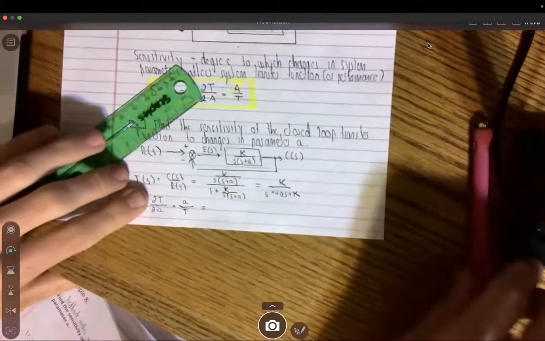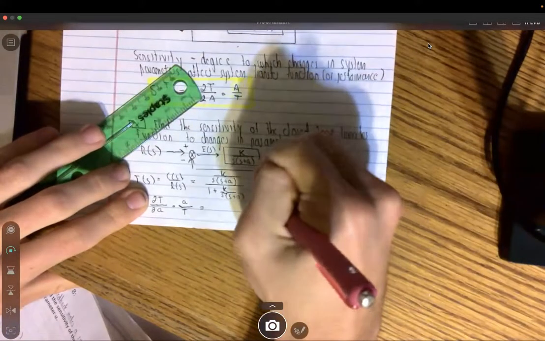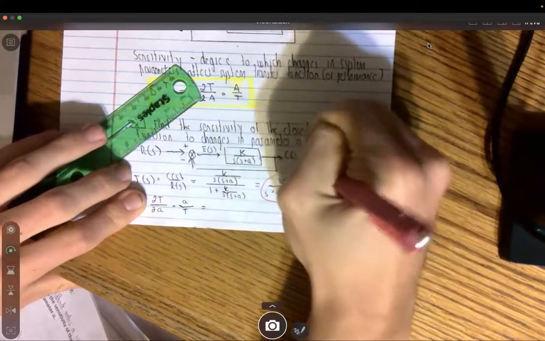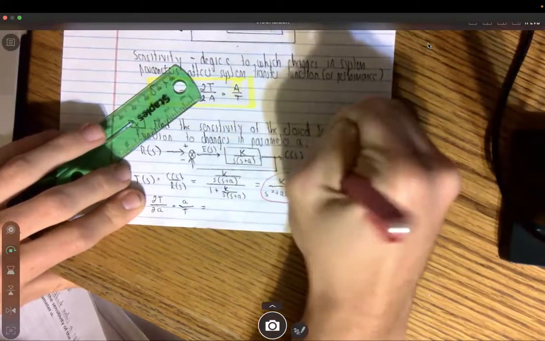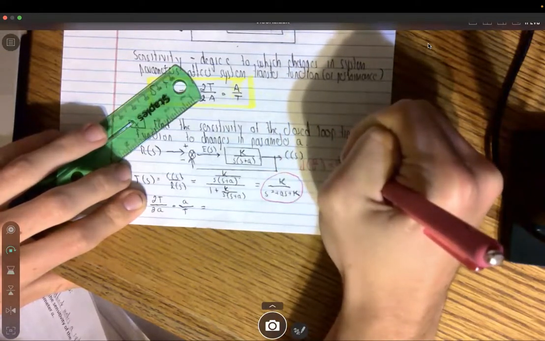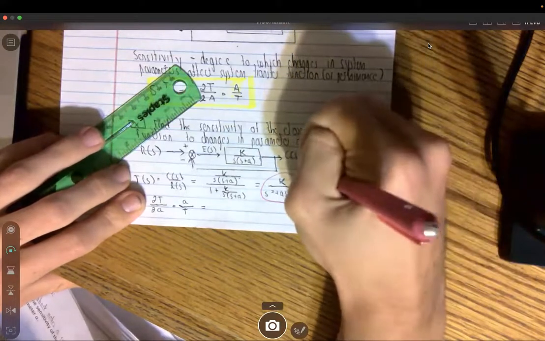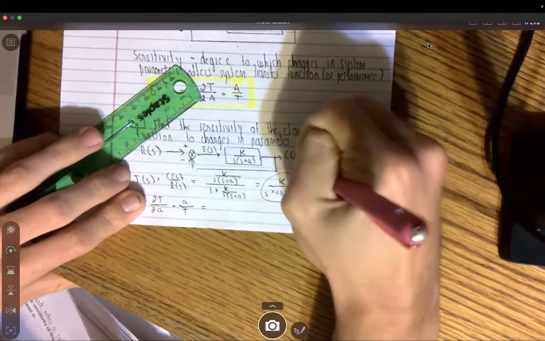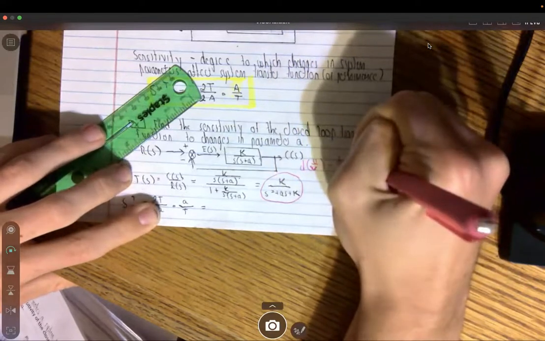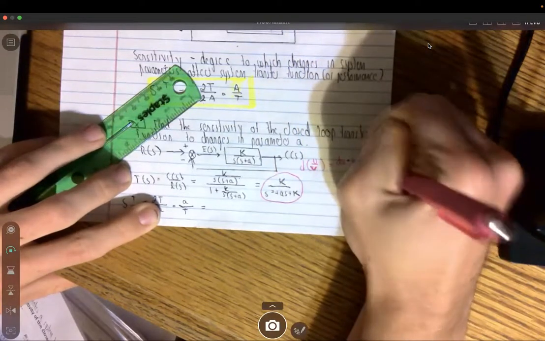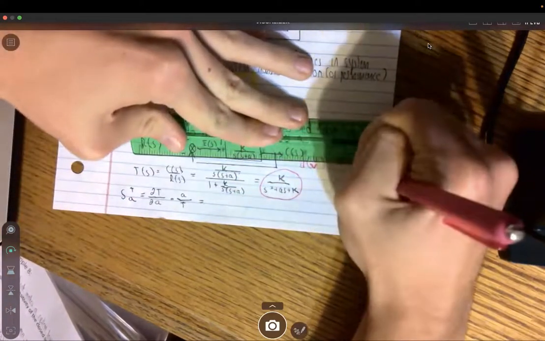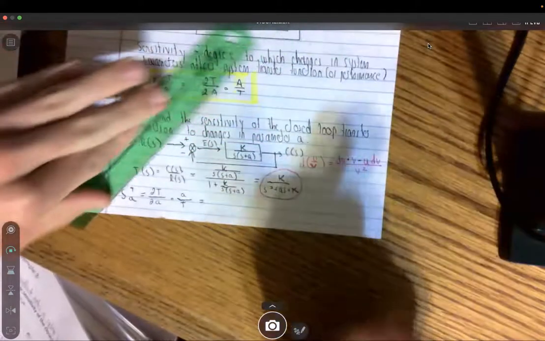When you're working with a fraction U divided by V, it's the derivative of the numerator times the denominator minus the numerator times the derivative of the denominator, all over the denominator squared.